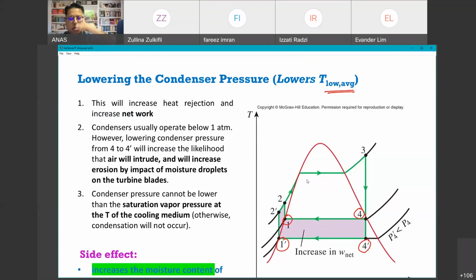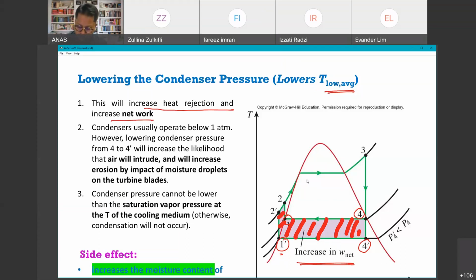We pull down the lines. 4 prime and 1 prime refer to the new lines. As noted here, there is an increase in W net, because we have an increase of area under the curve. So by doing this, it will increase the heat rejection and increase the overall net work. But there are other issues.